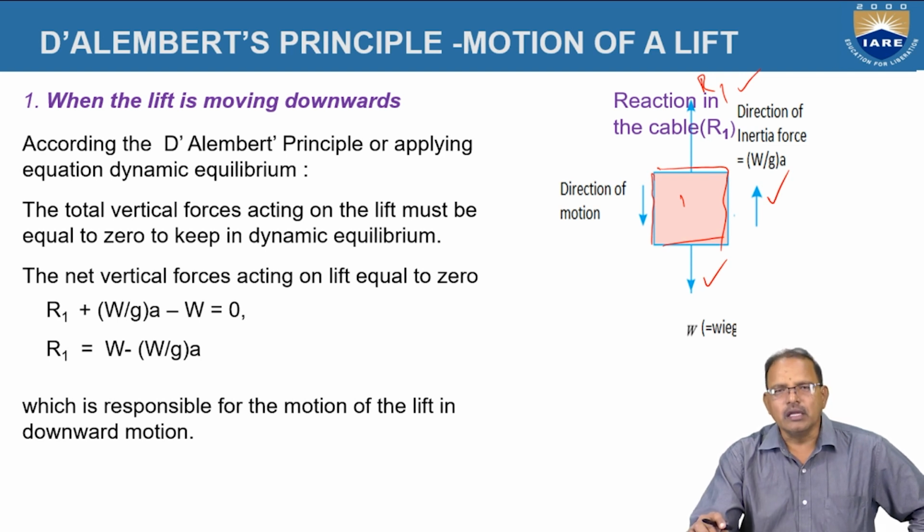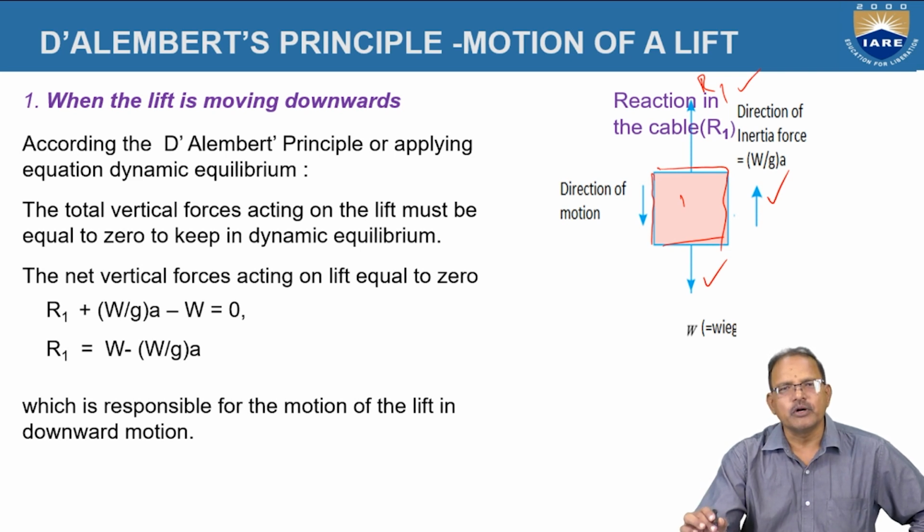While taking equilibrium, forces acting upward are treated as positive and forces acting downward are treated as negative. Hence R1 is positive, inertia force is positive, and the weight of the body is negative.